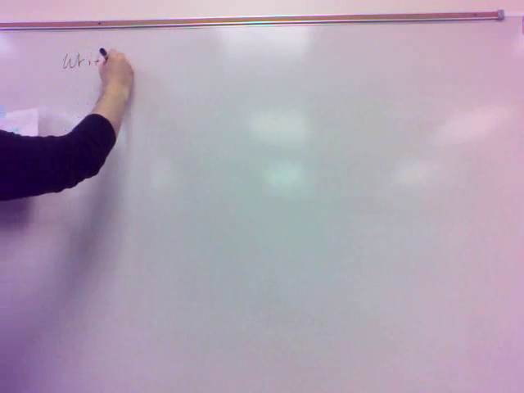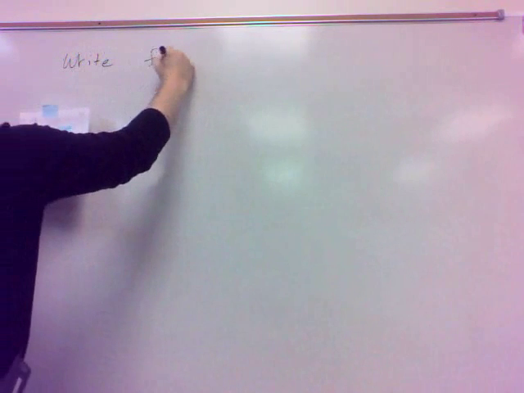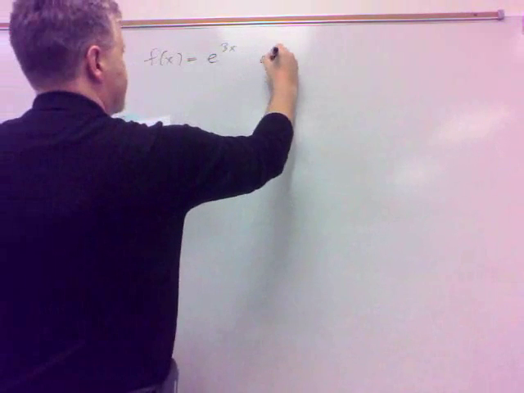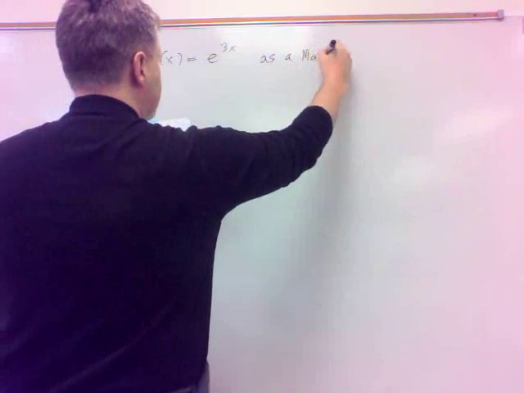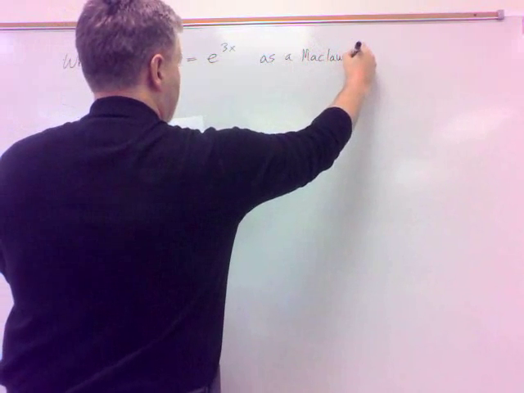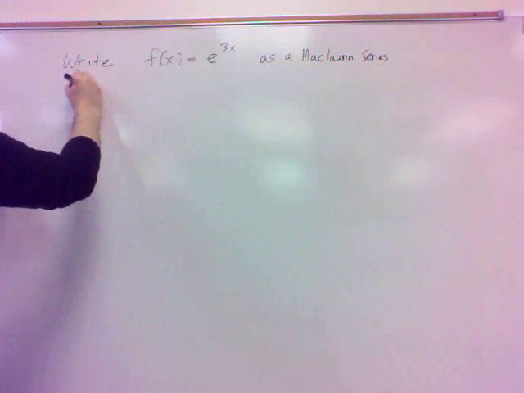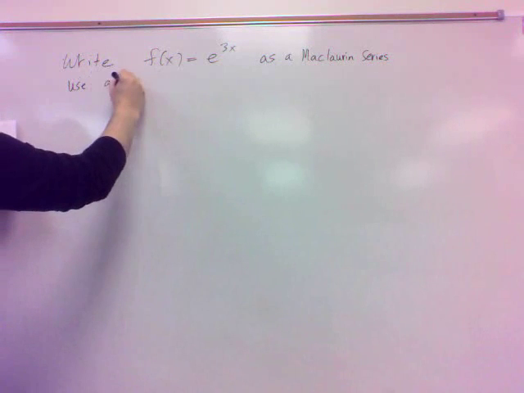Write f of x equals e to the 3x as a Maclaurin series using a series from Table 1.